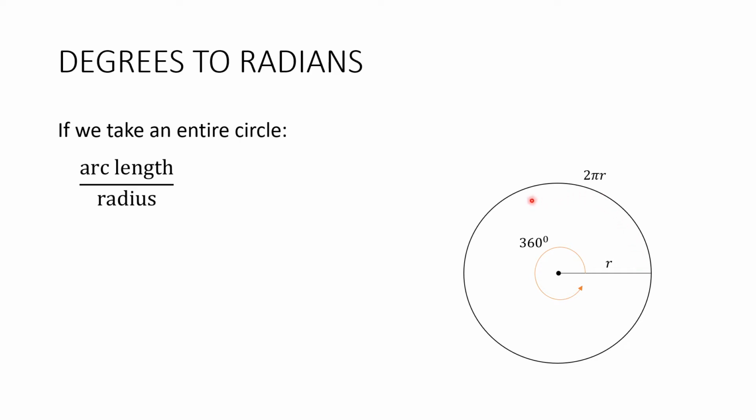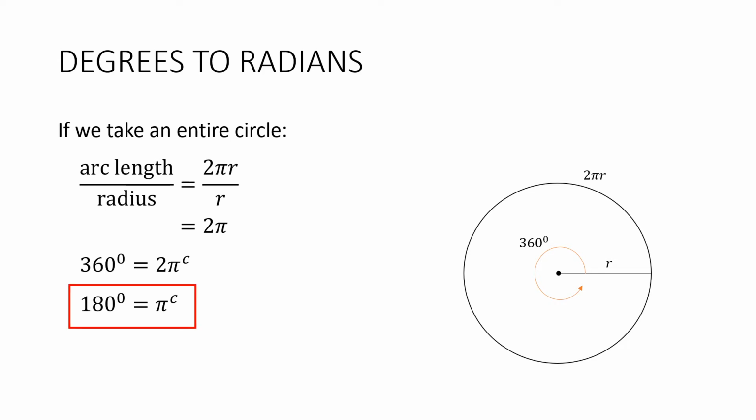So in this case it is 2 pi r divided by r, which is 2 pi. And so 360 degrees is equivalent to 2 pi radians. Divide both sides by 2 and we have this identity. 180 degrees is equivalent to pi radians.